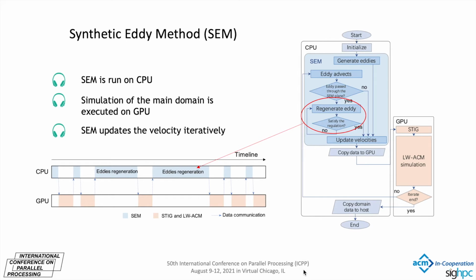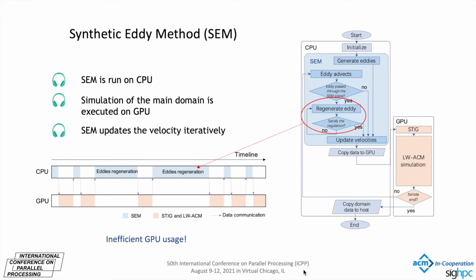In this picture, we can have a clear understanding of the CPU and GPU runtime. We can see that the GPU is not efficiently used because the GPU must wait for the CPU to generate the velocity, since the eddies have passed through the plane and we need to regenerate them.